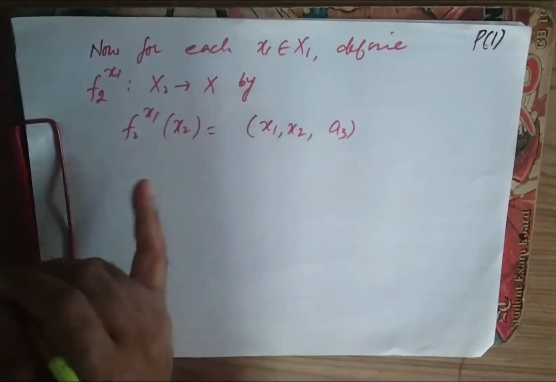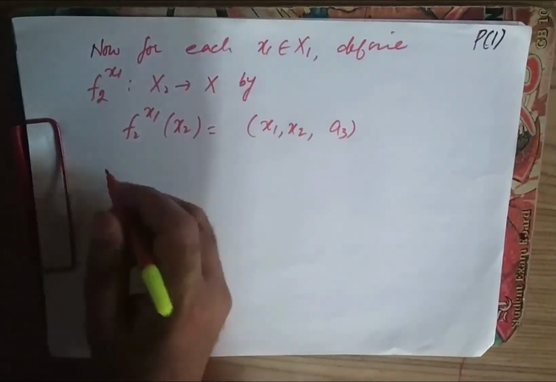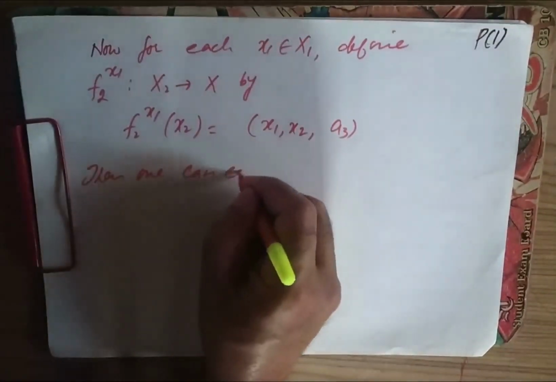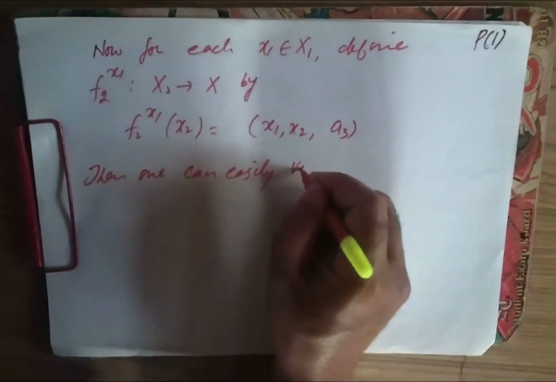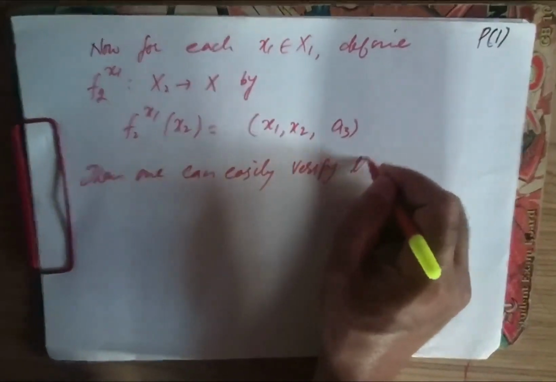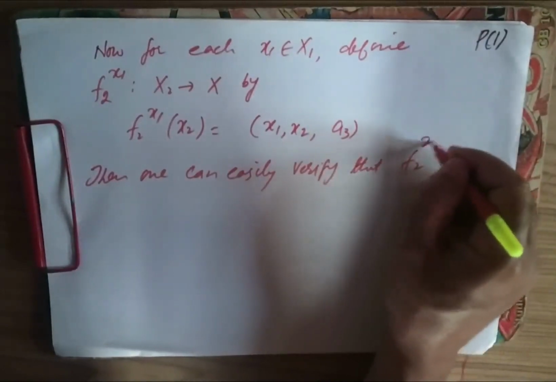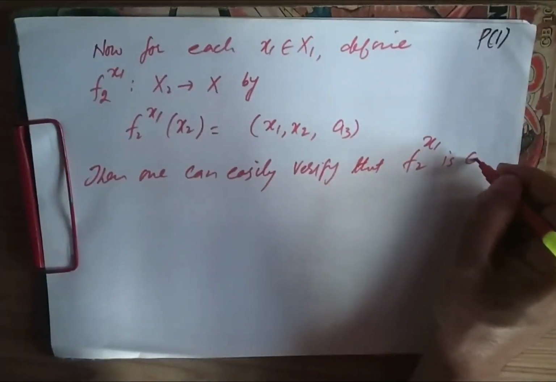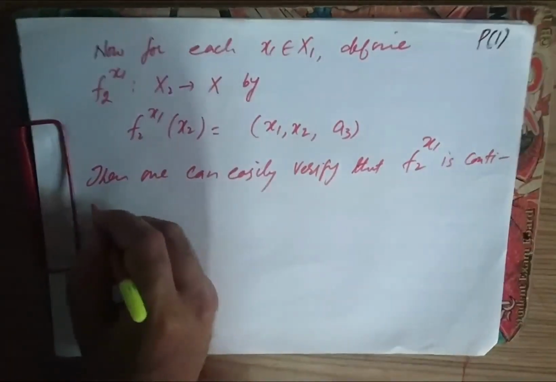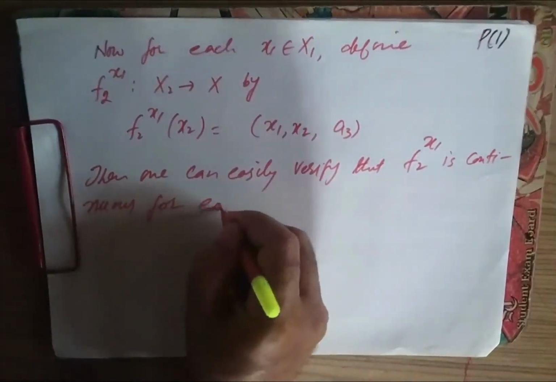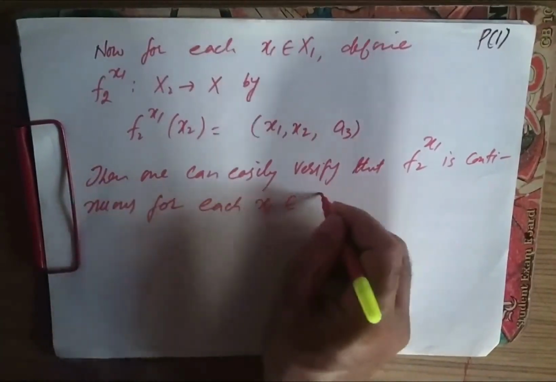Then you can easily verify that this f2 x1 is continuous for each x1 belonging to X1.